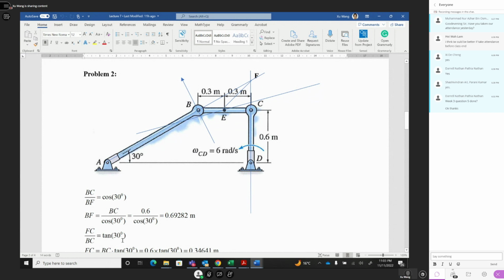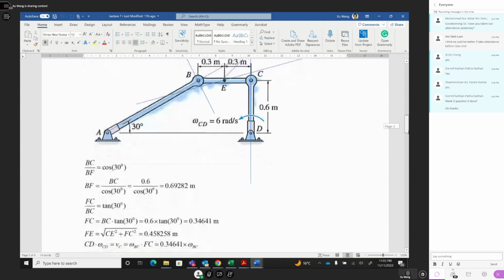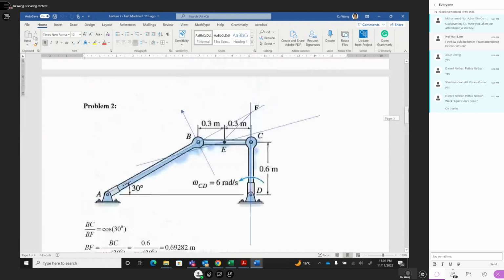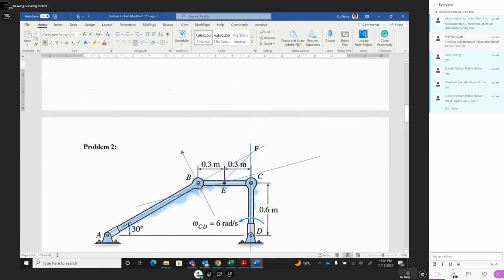You know that BC is 0.6, and you can find FC. FC equal to BC multiplied by tangent 30 degrees. BC is 0.6, tangent 30 degrees, multiply equal to 0.346. And you find FC. You find BF, you find FC.